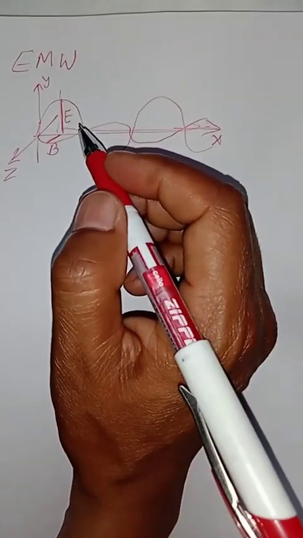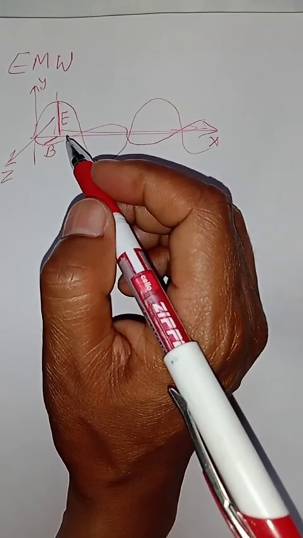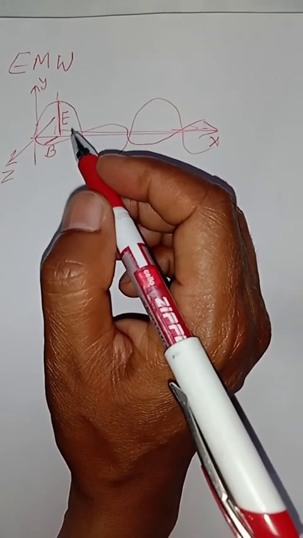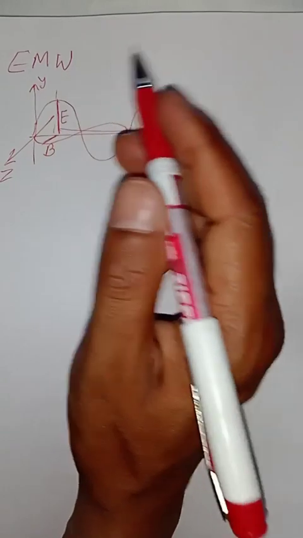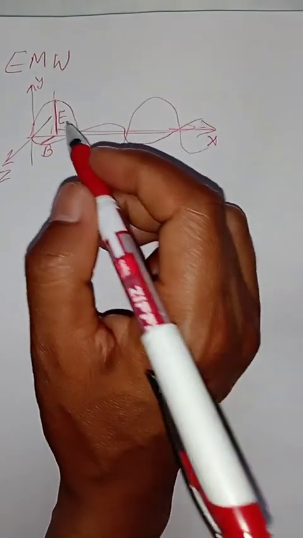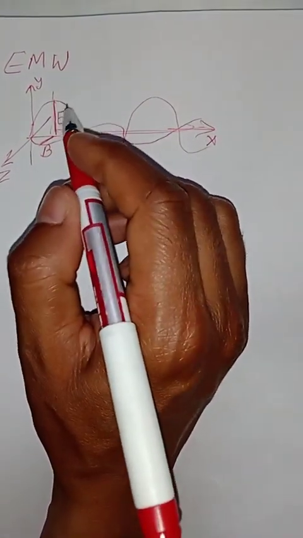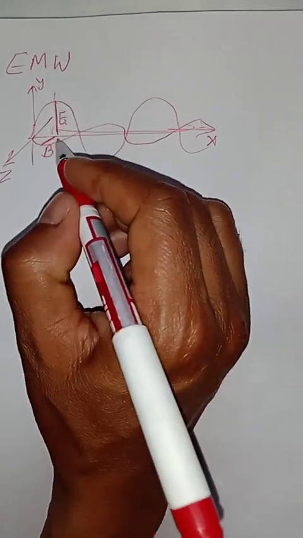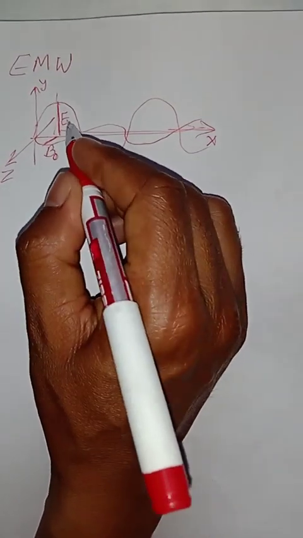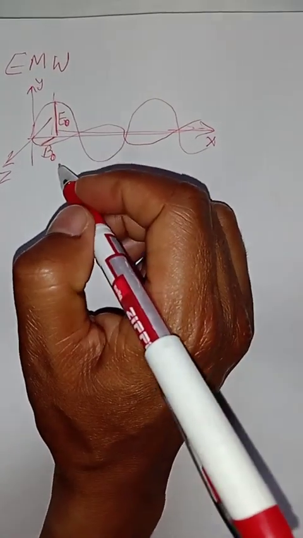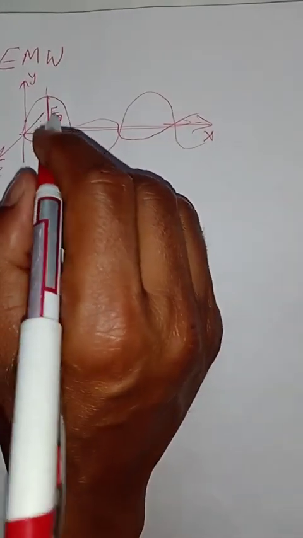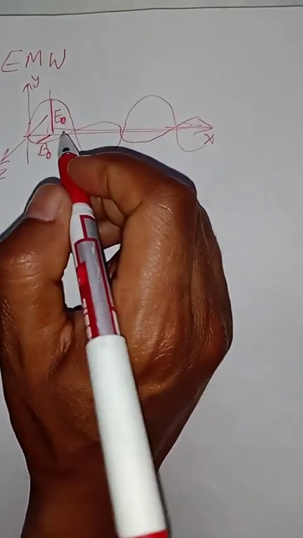I'm not confusing you by introducing new things, but you can write y equal to or z equal to, no problem. But these are amplitudes, so we'll put a small 0 as a subscript.